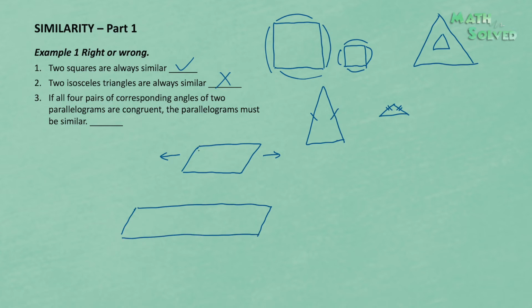And we can make sure that this angle is equal to this one, this angle is equal to this one, this angle is equal to this one, and the last angle here is equal to this one.